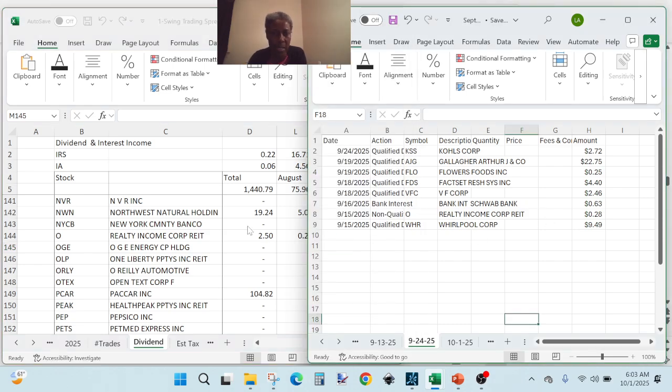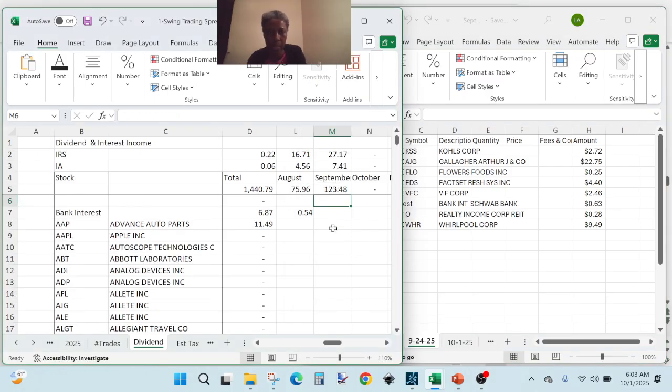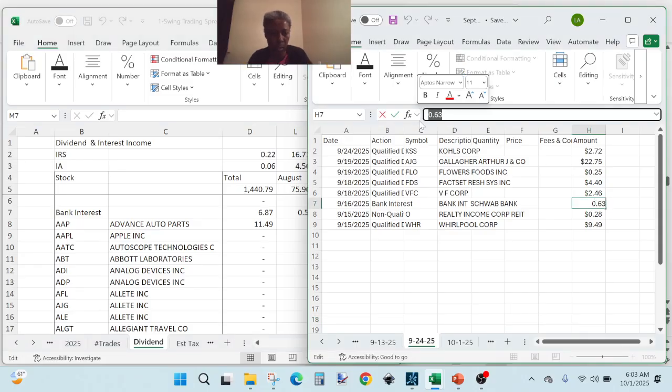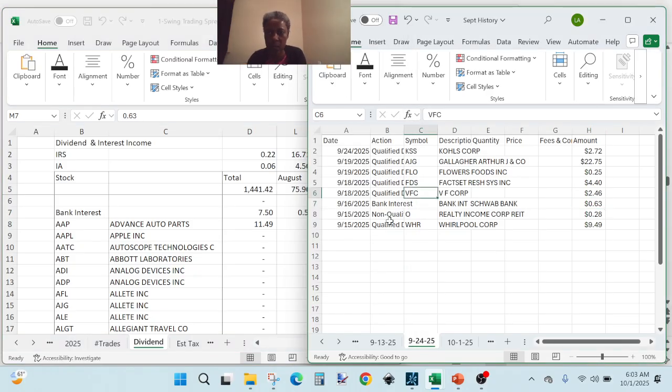So the next one is interest. So I think I have it at the beginning, and it's going to be 63 cents. You can actually copy those numbers as well. Ctrl+C to copy and Ctrl+V to paste. So the next one is VFC.